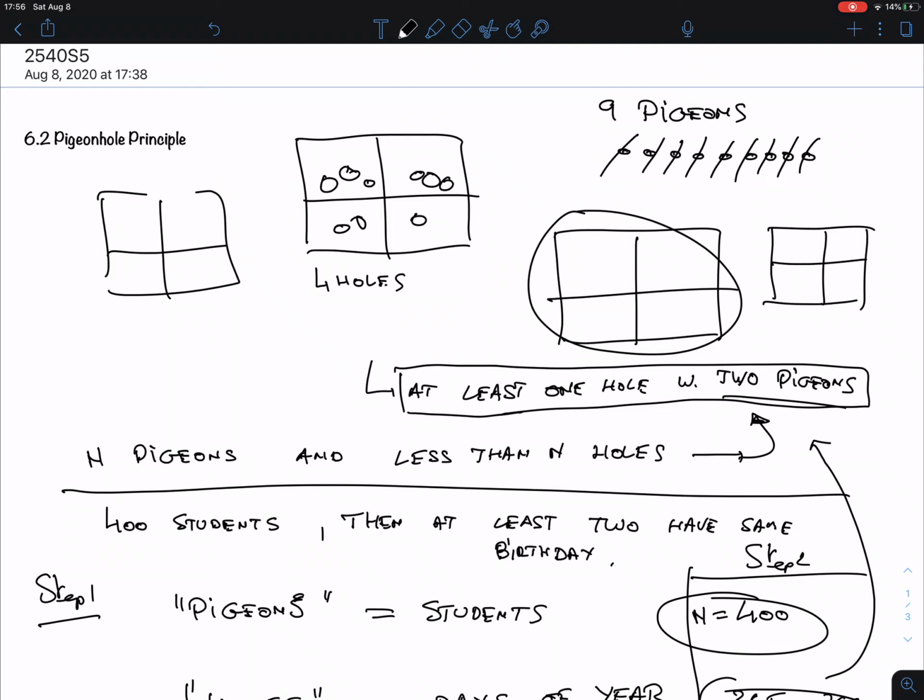So let's think, is this always true? What you can now try to convince yourself of is that I can never put my pigeons in my holes if there are not at least three in one of the holes.